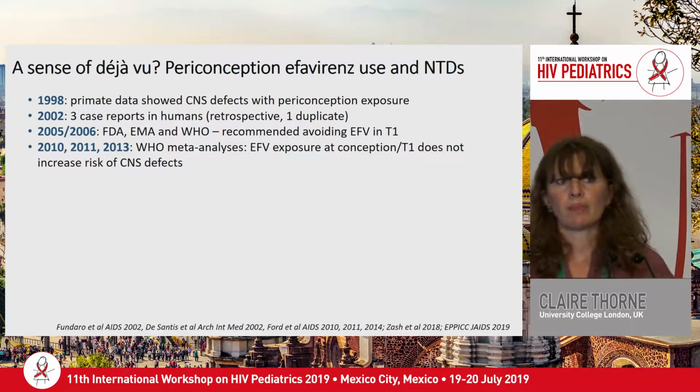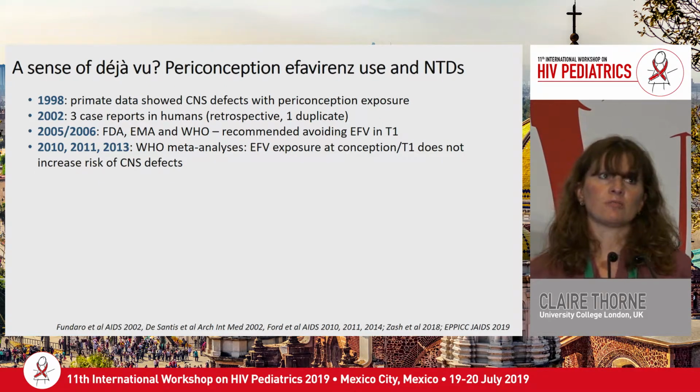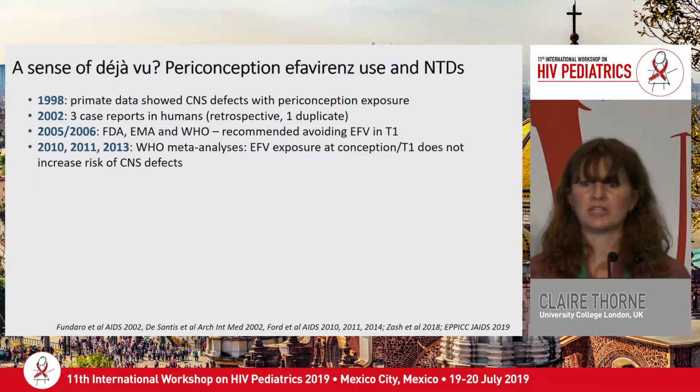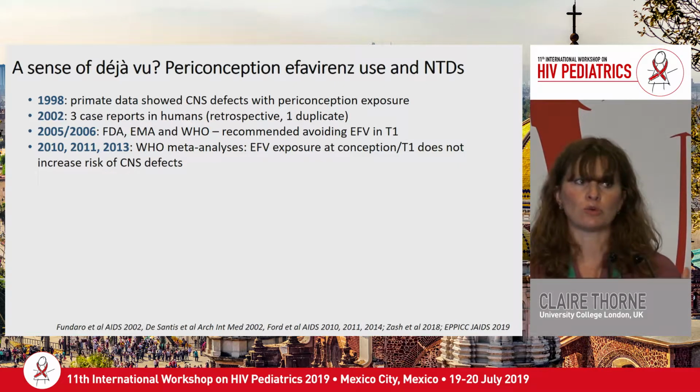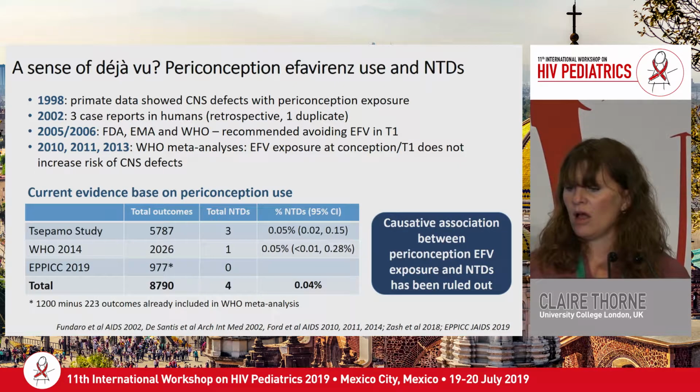So this isn't the first time that we have had a signal with respect to periconception ARV use and neural tube defects. And I've given a kind of potted history of the Adherence story here on this slide.